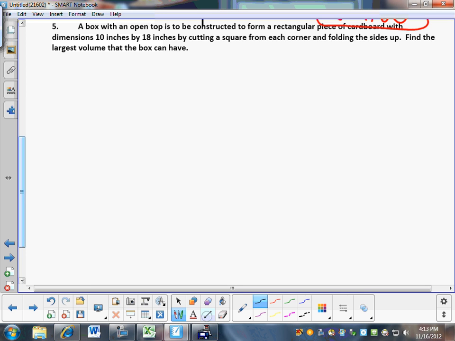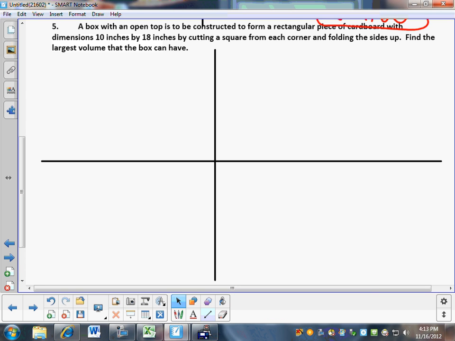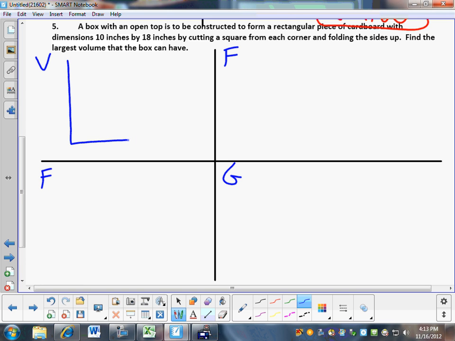So, make a nice drawing here. Visualize. Formula. Function. Graph. Got a box. 18 by 10. We're going to cut pieces off of it.